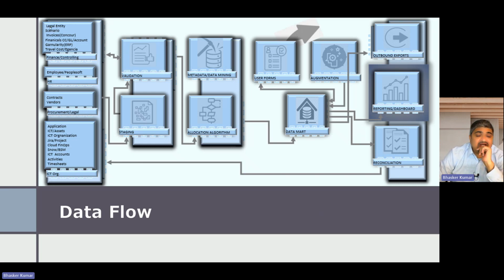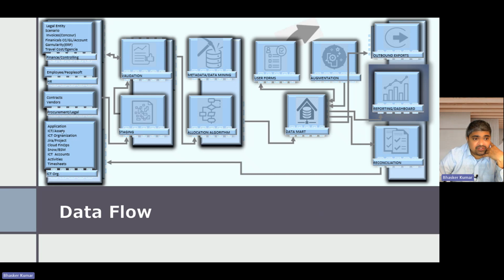So we have a legal entity, we have scenarios, invoices, financial GLs, and ICT financial GL information, because eventually you want to reconcile your numbers with the financial numbers. Then you have your travel costs, employee data, contracts, and vendors, and then there is a lot of information which will come through the ICT organization.